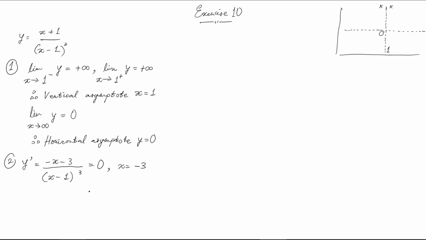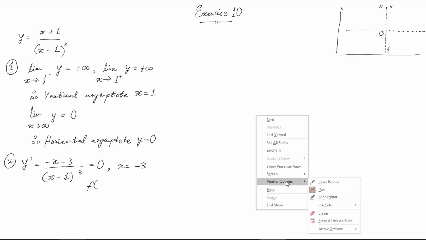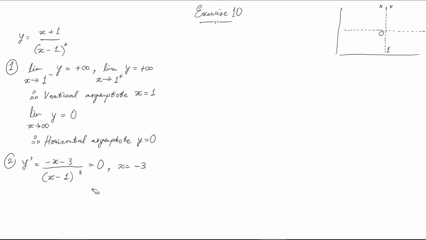So the corresponding y value will be, since we have never declared f(x) over here, so let's just not use it, since when x is equal to negative 3, simply substitute it back here, then you get your value of y, which is negative 0.125.